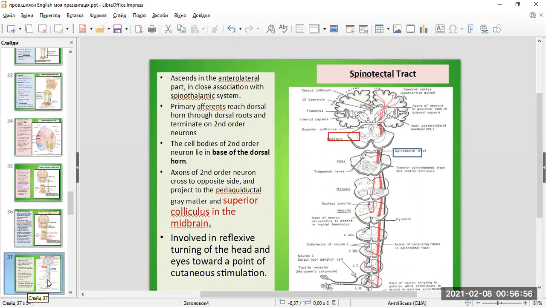Axons of second-order neuron cross the opposite side and project to the periaqueductal gray matter and superior colliculus in the midbrain. Involved in reflexive turning of the head and eyes toward a point of cutaneous stimulation.